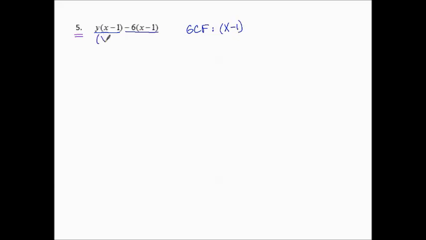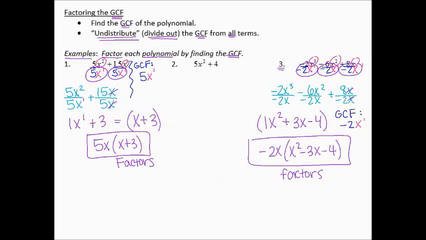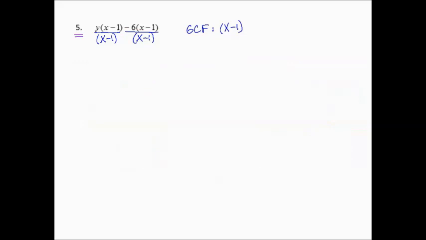I'm going to divide this term by x minus 1, and I'm going to divide this term by x minus 1. When I do that, just like in this example how my x's canceled out, in this example the x minus 1's will cancel out.